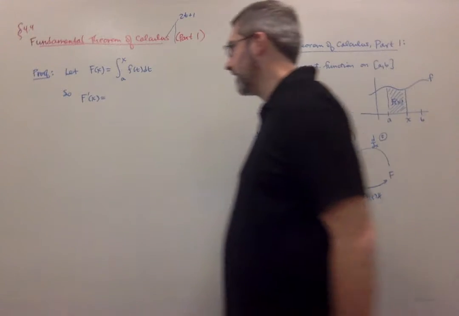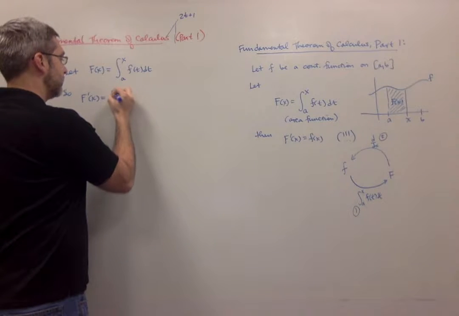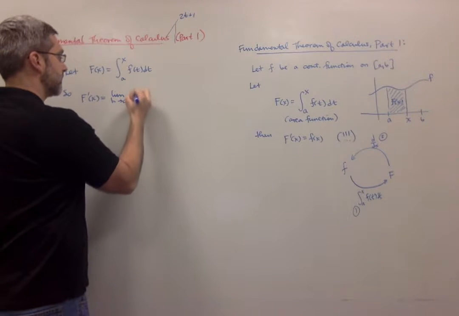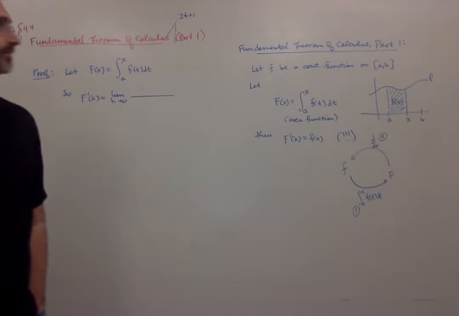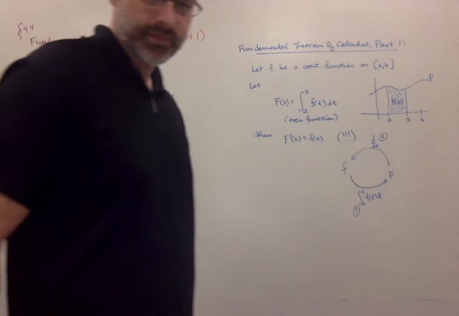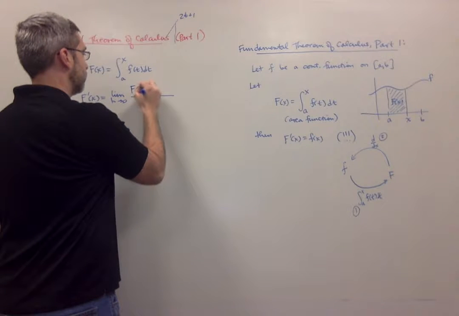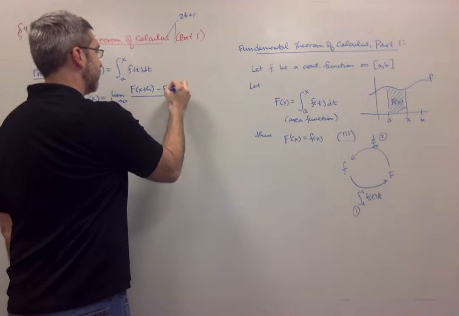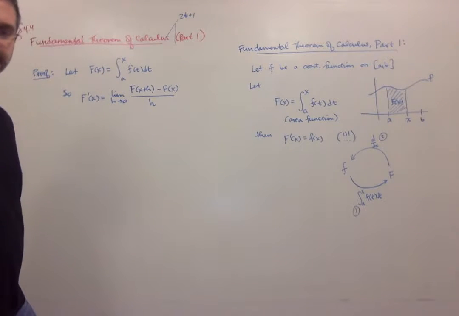You should be saying something like, the limit as h goes to 0, there should be a fraction here. Remember? It should be f of x plus h minus f of x all over h.